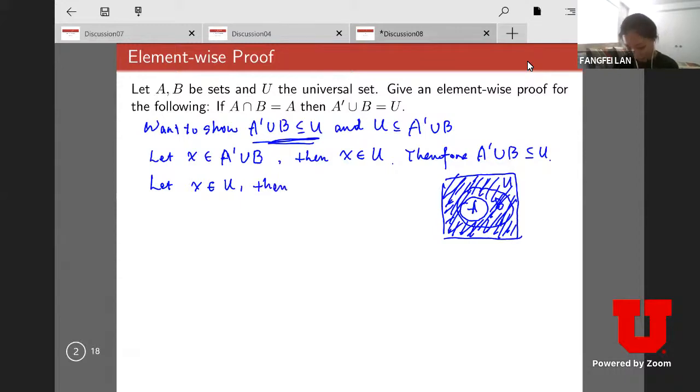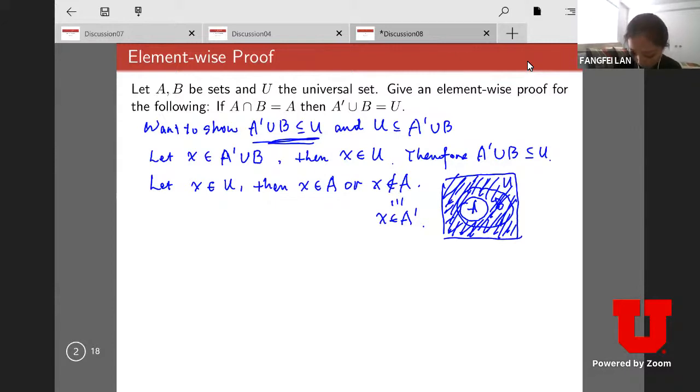Since B doesn't matter that much, we're going to split into the two cases where X is either in A or X is not in A. So X is in A complement. Does that make sense? Since from the Venn diagram, we know that B kind of doesn't matter that much. So we split into these two cases.